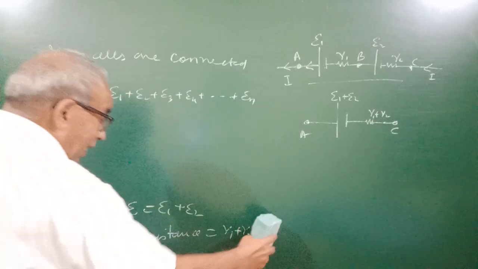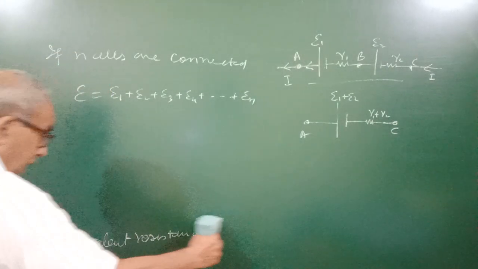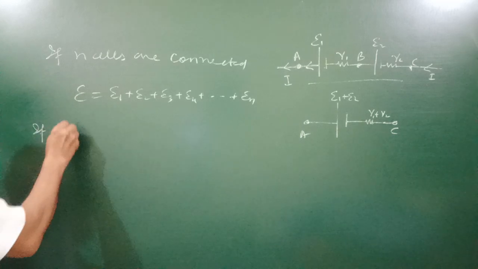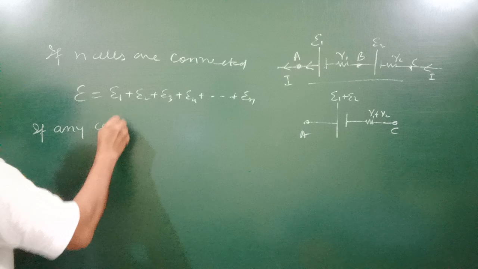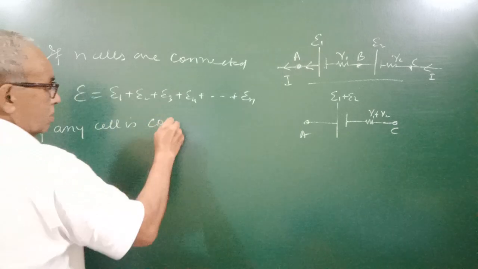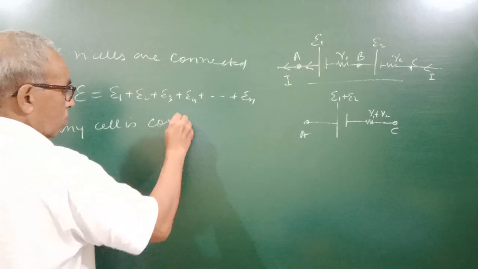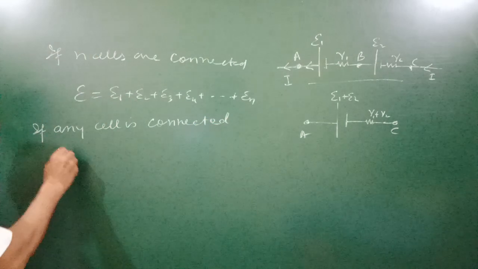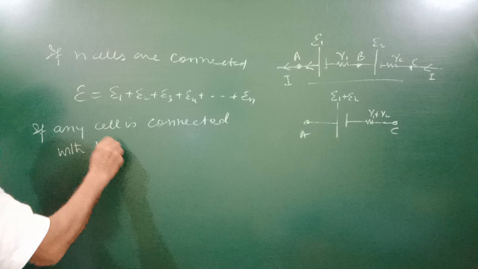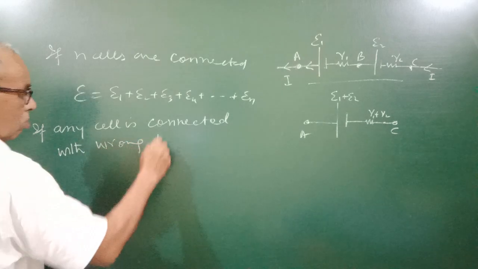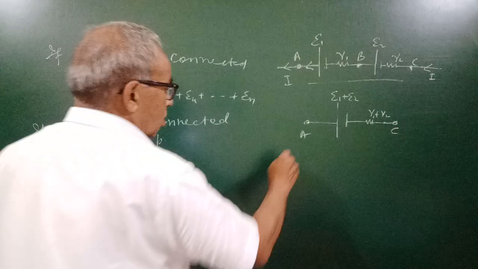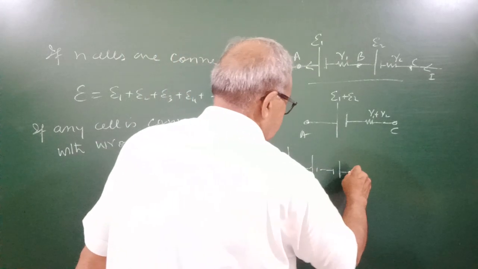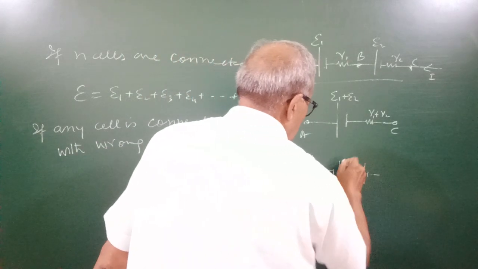But if any cell is connected with wrong polarity, wrong means the negative terminal gets connected like this, then that is wrong polarity.